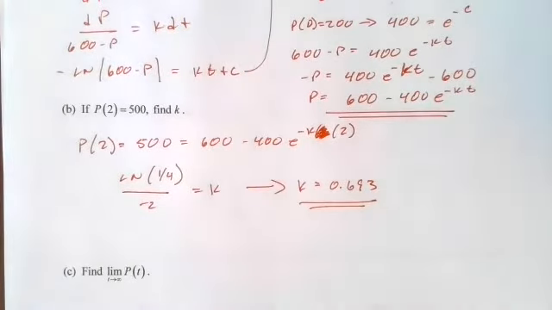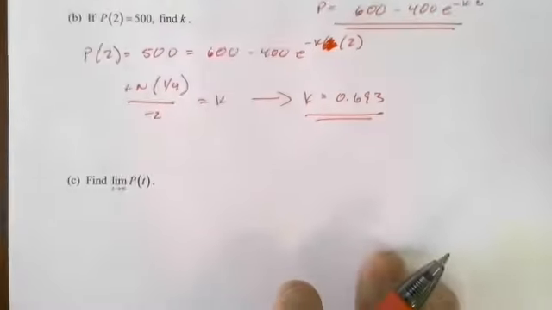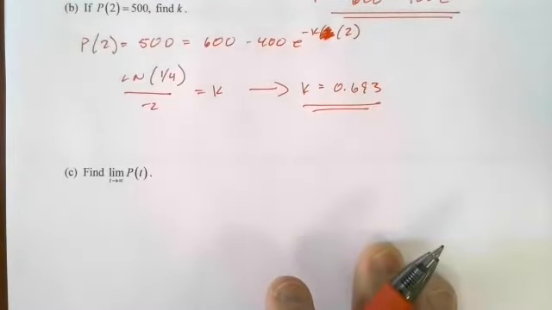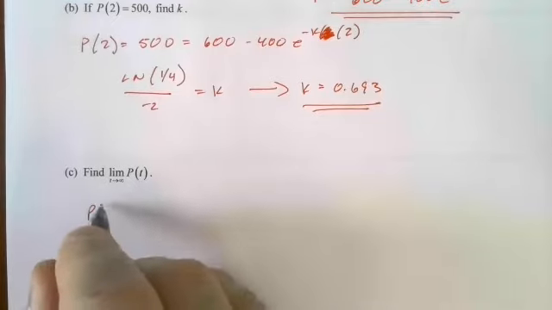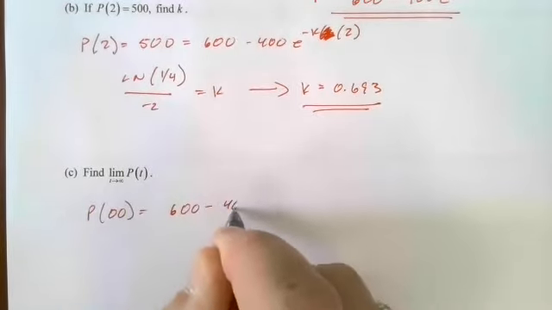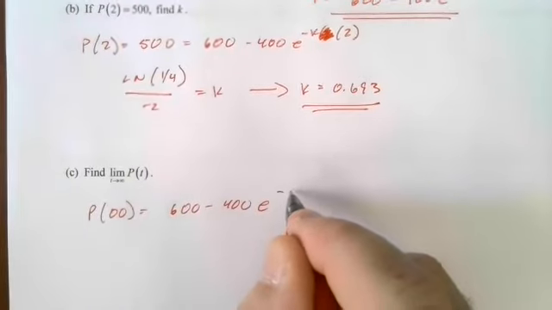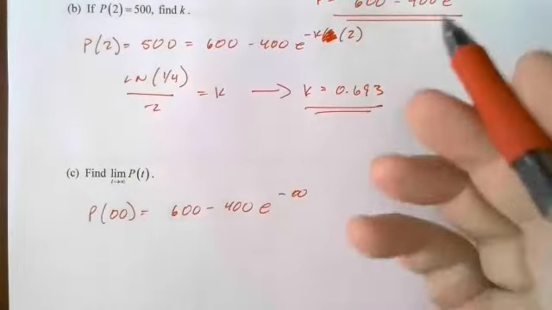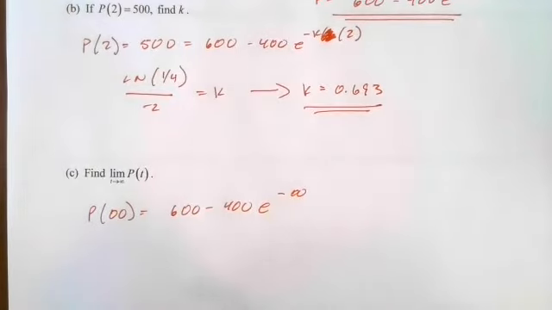Which shockingly enough is the natural log of 2, I believe. But hey, whatever. Final limit is t goes to infinity. P of infinity equals 600 minus 400 e to the negative infinity. No matter what I put in for k, it's pointless.